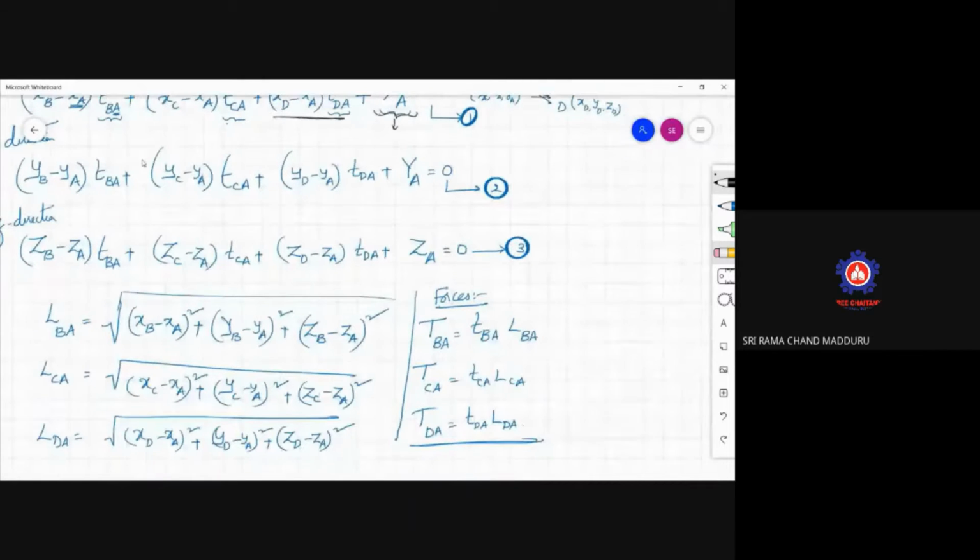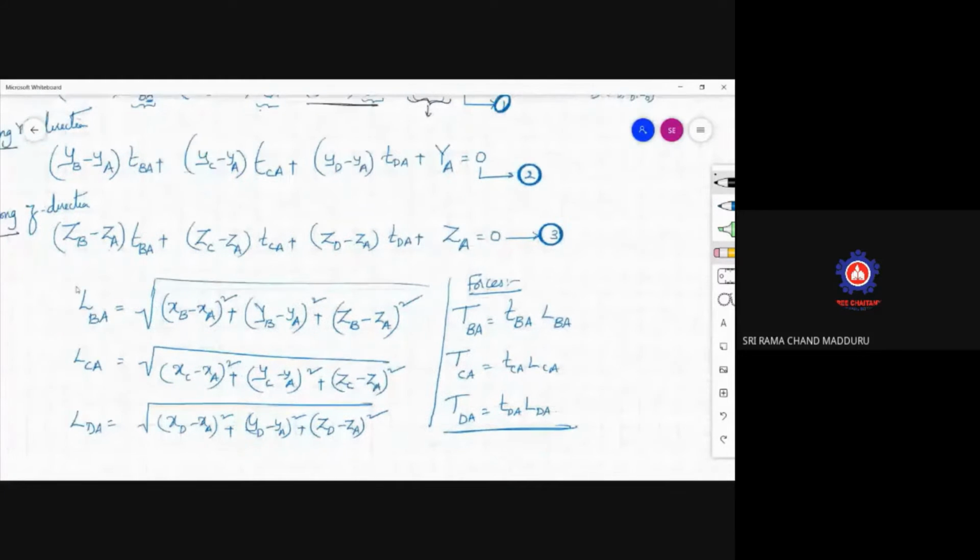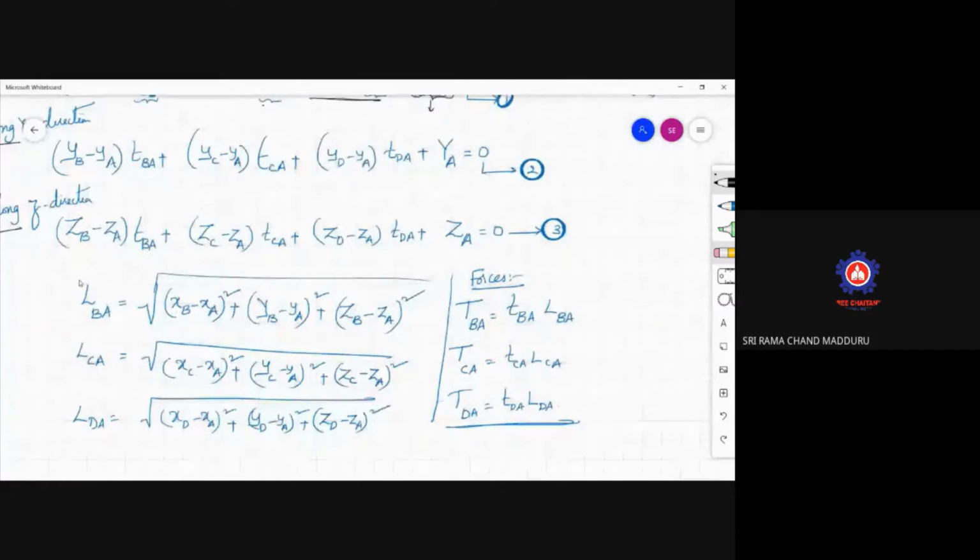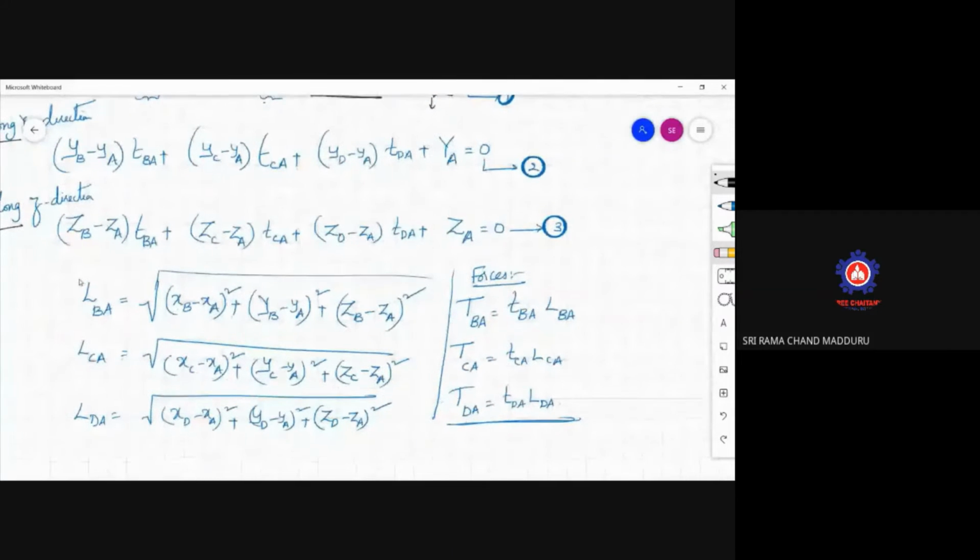Now, after obtaining these equilibrium equations, we need the lengths of the members. You studied this in simple mathematics: the length of a member in space can be calculated using this equation. For the member between b and a, LBA equals the square root of (xb minus xa) whole square plus (yb minus ya) whole square plus (zb minus za) whole square.